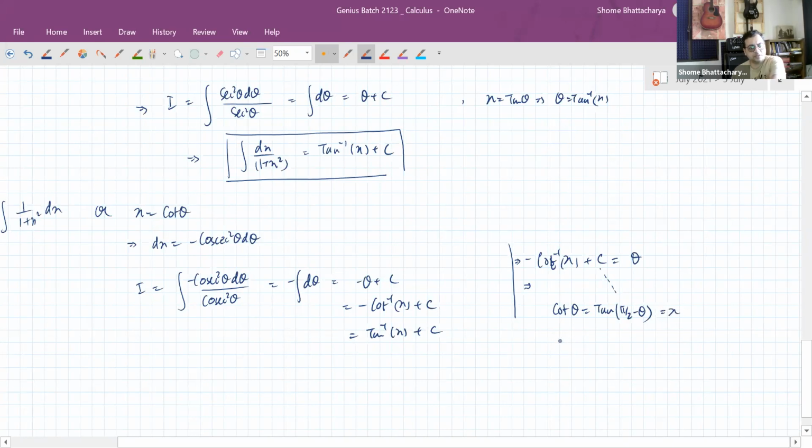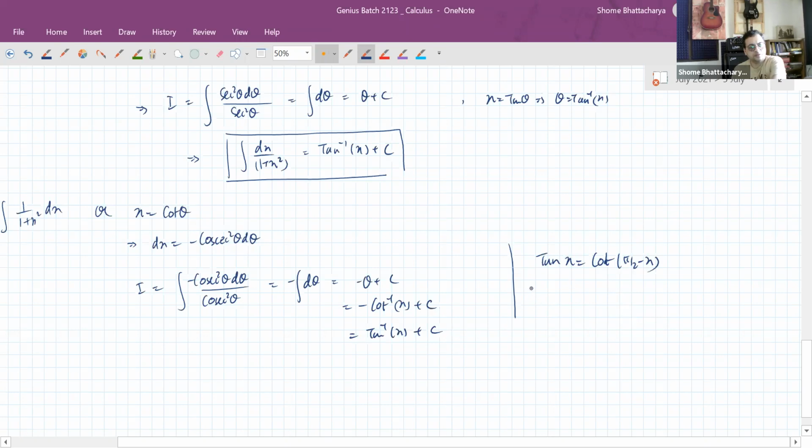And include the constant in this. So suppose this is x. Or basically it like this, that tan x is cot of pi by 2 minus x.